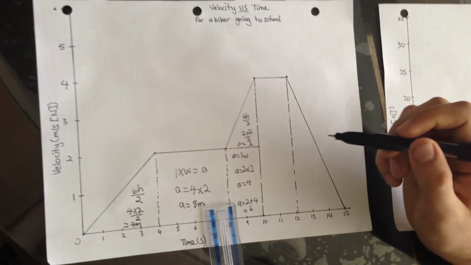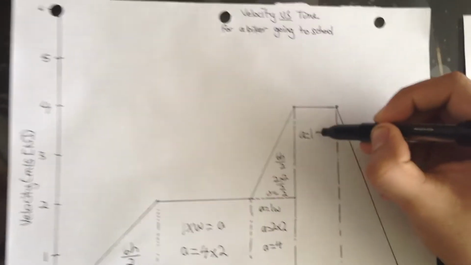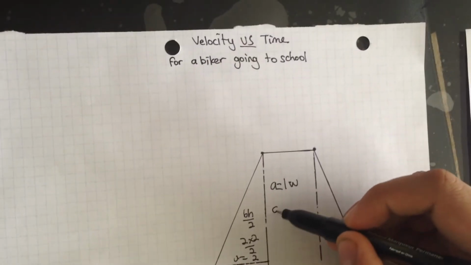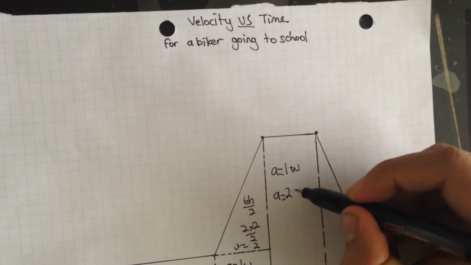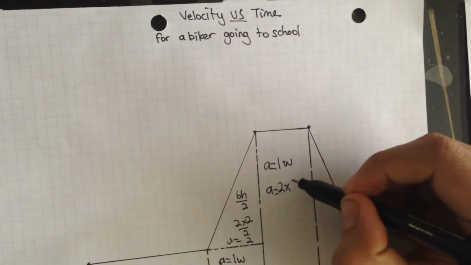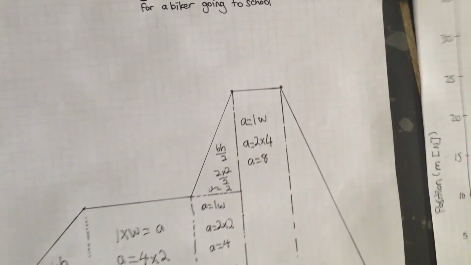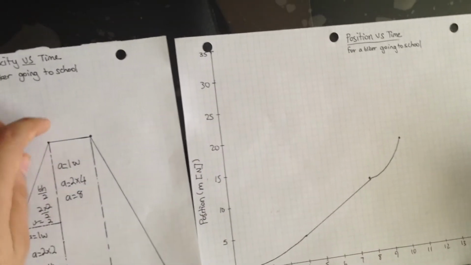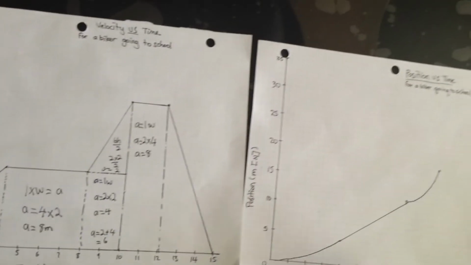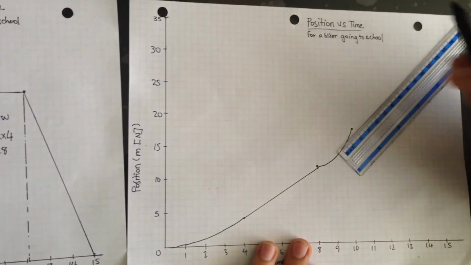Since it's a rectangle, our area equation is length times width. So the area is going to equal length, which is 2, times width, which is 4. So the area is going to equal 8. To transition that into the position versus time graph, since there's no acceleration here, it's going to be a straight line, and the position is going to change by 8 north.